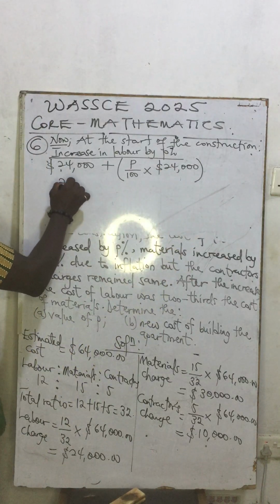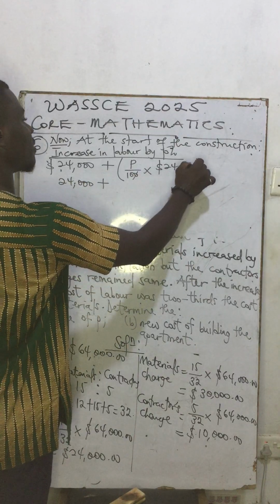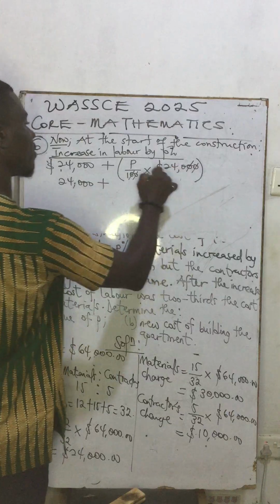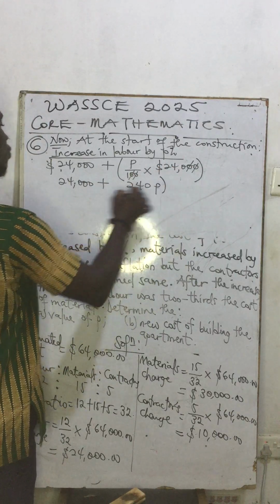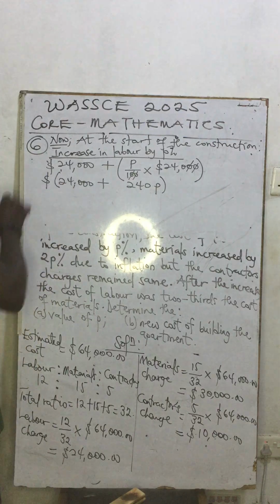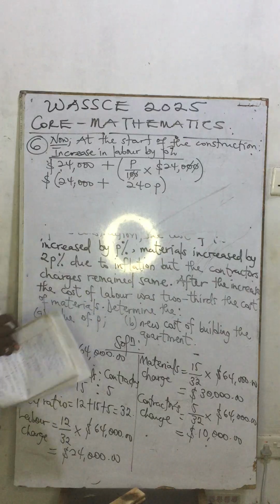And this will be 24,000 plus, 0 cancels 0, 0 cancels 0, so here we have 240P, and they are all in dollars.